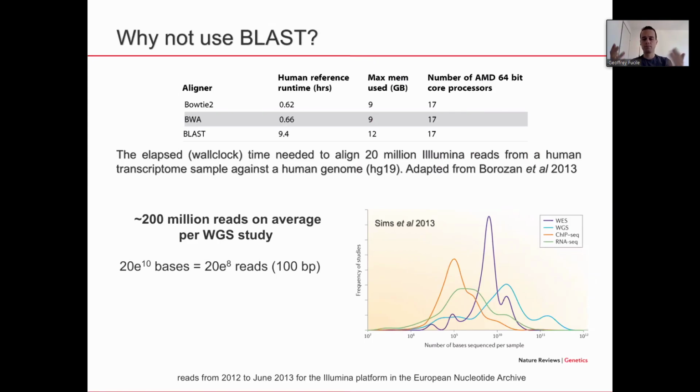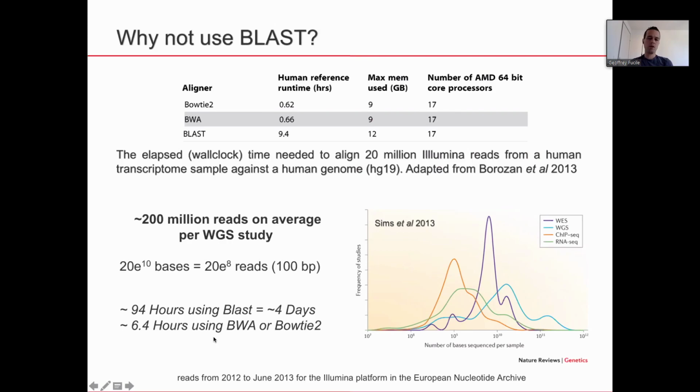So if you have a sequence of interest and you want to know what other organisms it comes from, you can use BLAST, but it's not fast enough for the problem at hand. For STAR, you can do one sample within something like 20 to 30 minutes, depending on how many reads you have. But these other algorithms take hours and days to do that.